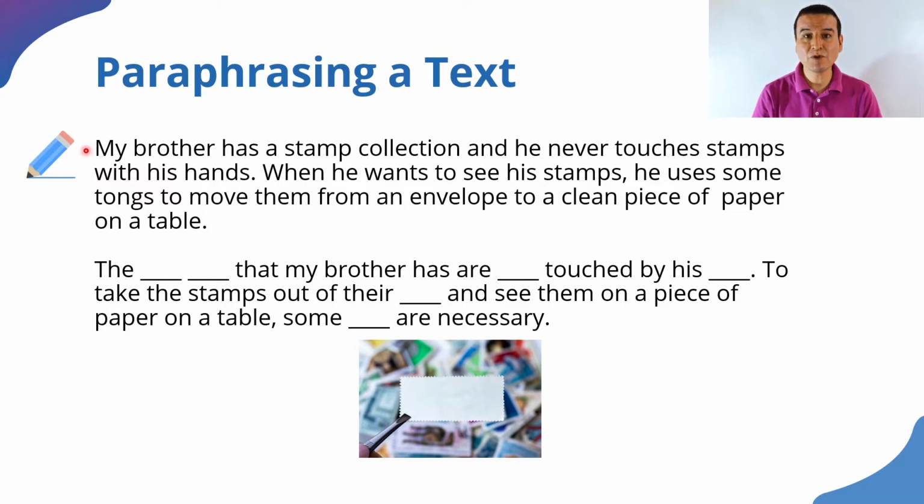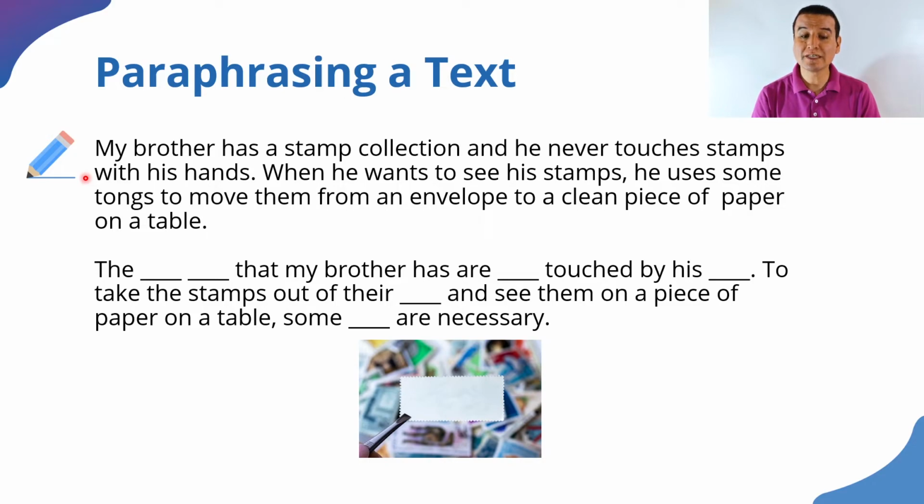Here's the sentence. I'm going to read it for you so that when you practice, you can use my pronunciation of the sentence as a reference in your mind, because I don't want you to practice or think about terms using an inaccurate pronunciation. All right, it says, my brother has a stamp collection and he never touches stamps with his hands.